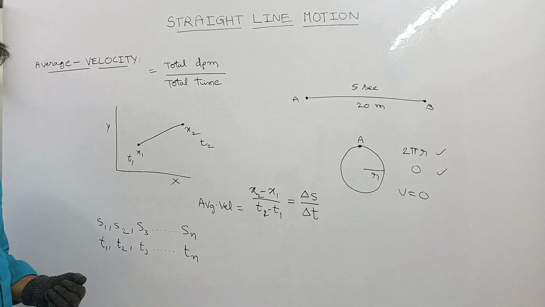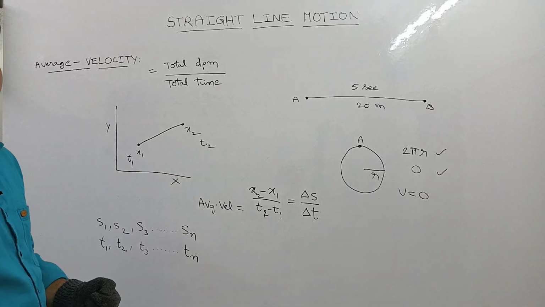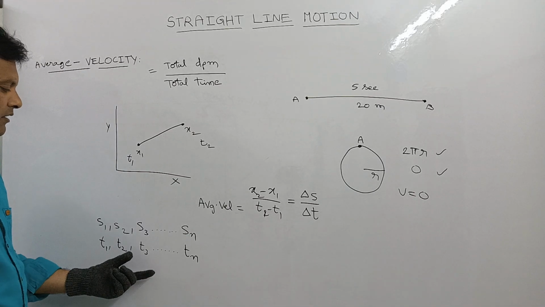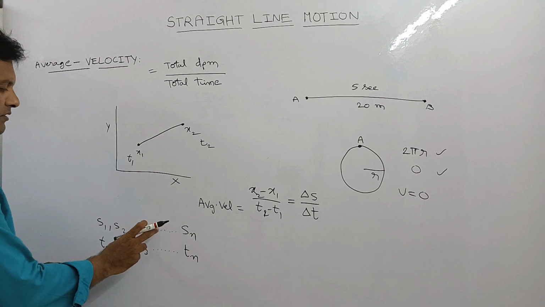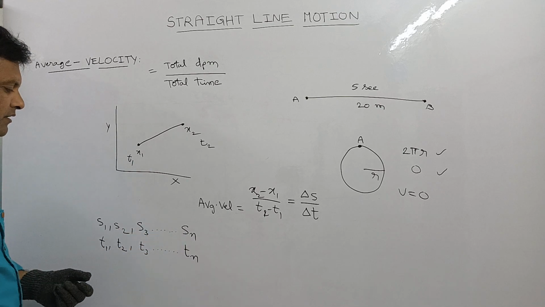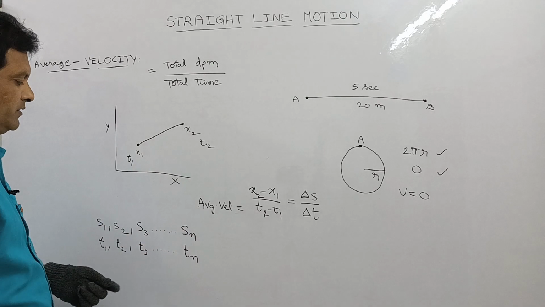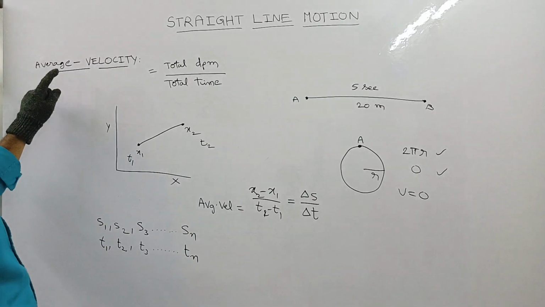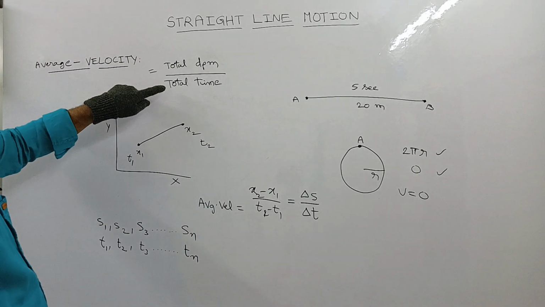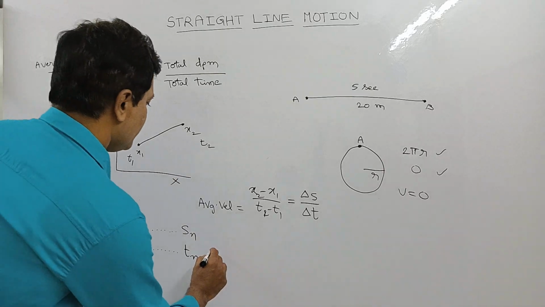So in this case, what is the average velocity? Here the displacements are directly given and the times taken for these displacements are also given. What is the average velocity? Total displacement by total time.